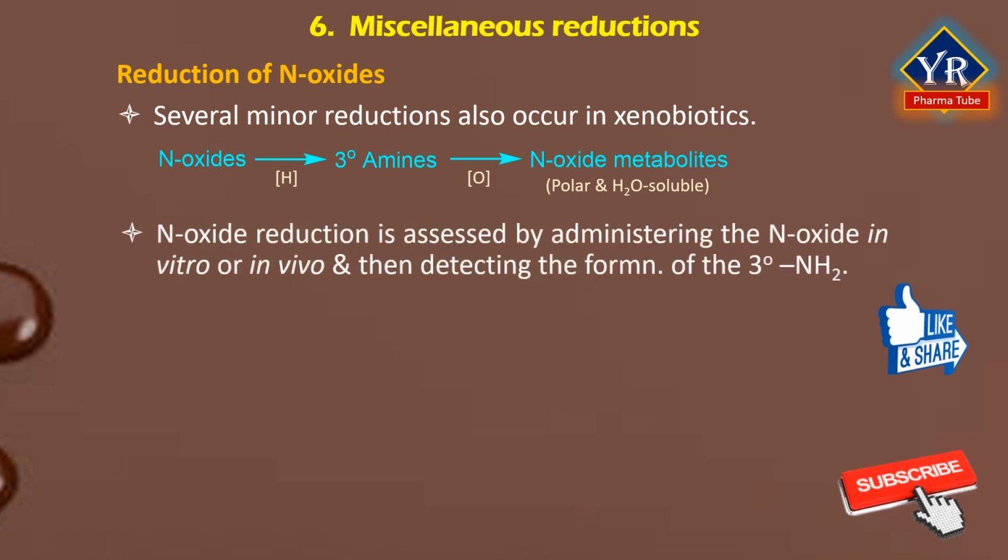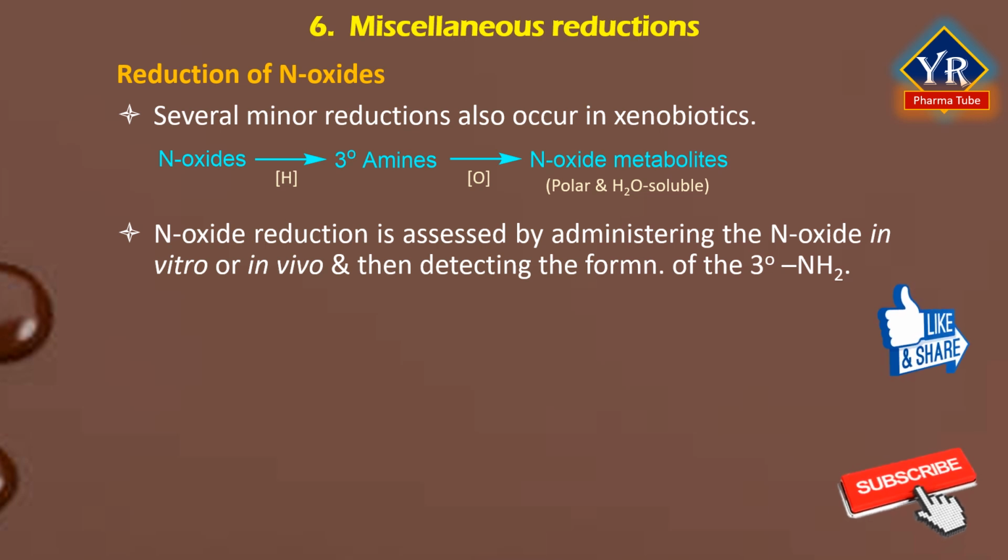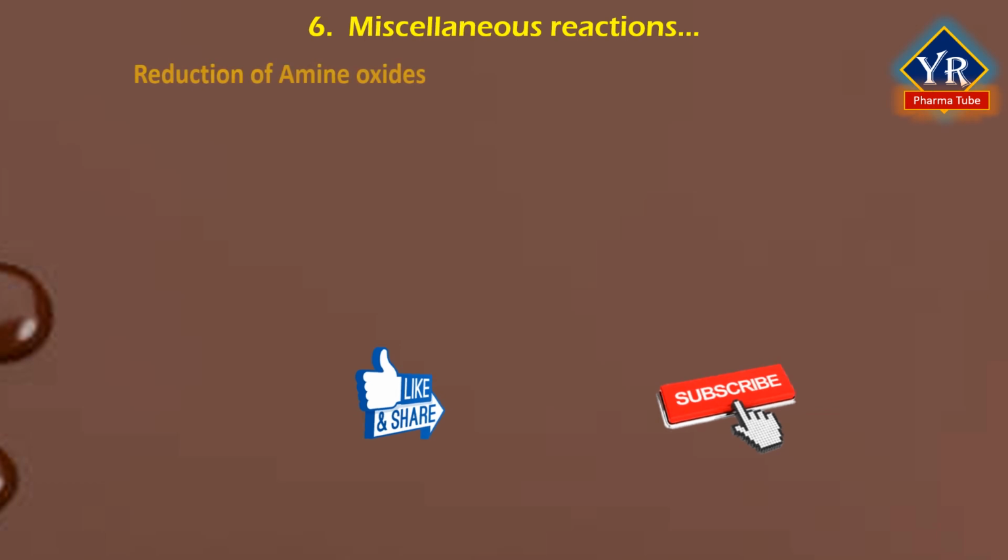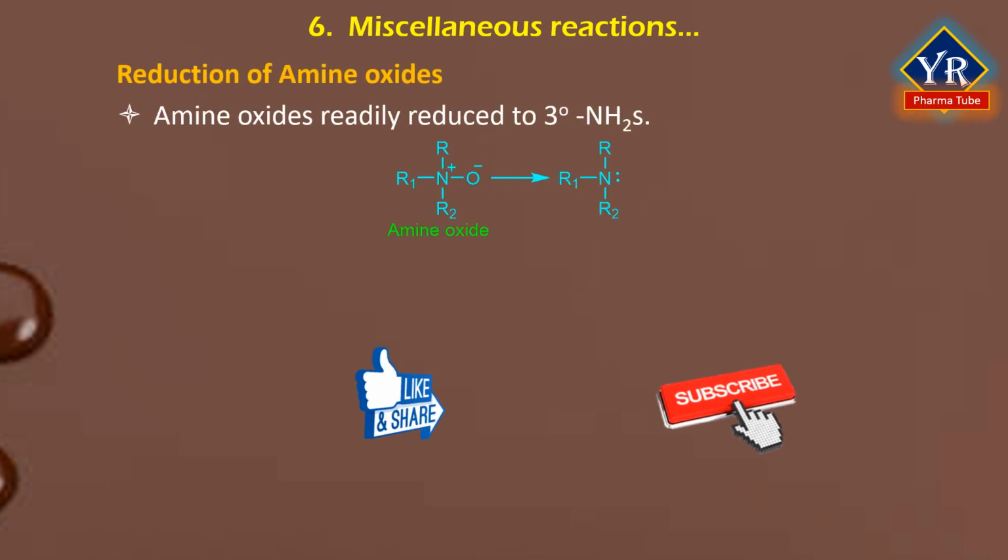N-oxide reduction is assessed by administering the pure synthetic N-oxide in vitro or in vivo and then detecting the formation of the tertiary amine. For example, imipramine N-oxide undergoes reduction. Amine oxides are readily reduced back to tertiary amines.